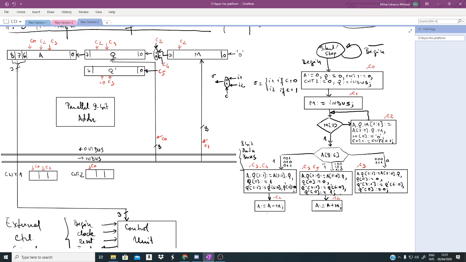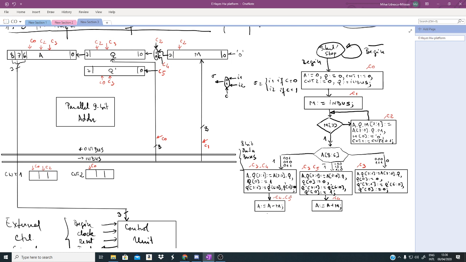Additionally, when we do subtraction, we have to activate another signal, in this case C5, such that the operand is negated.